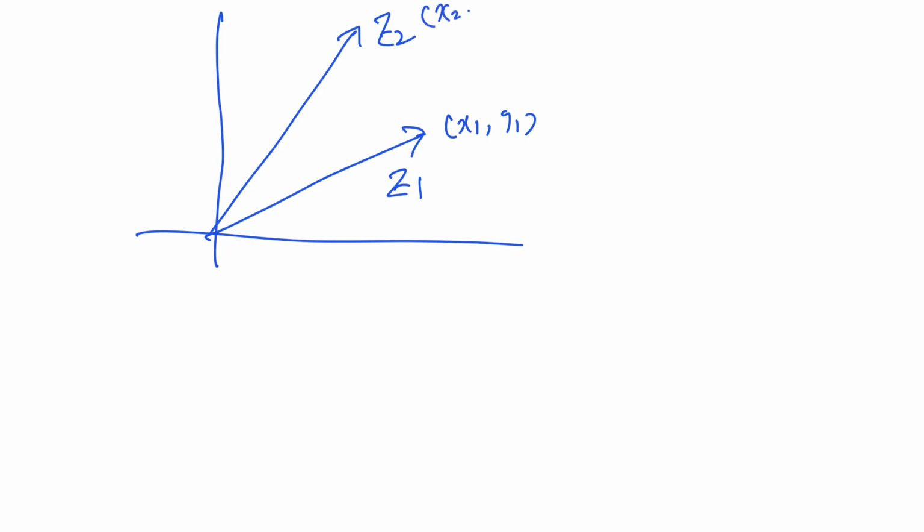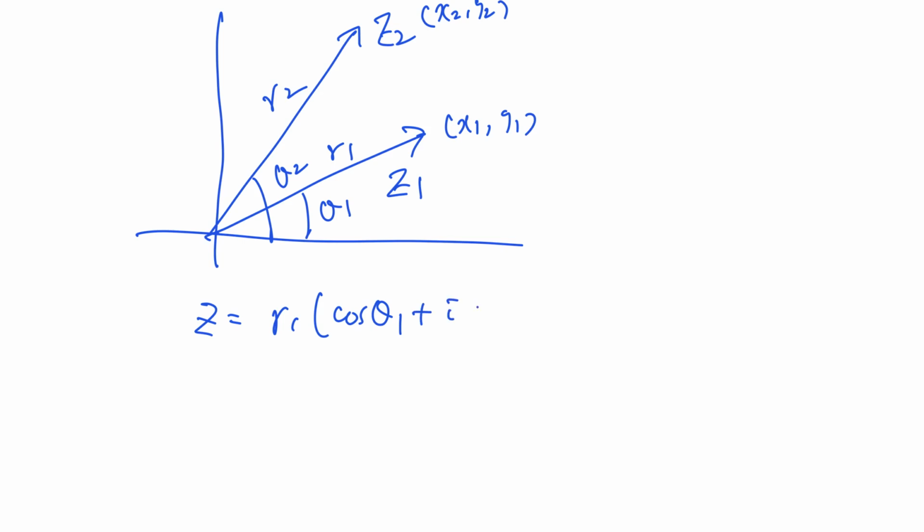So assuming that we have 2 points, z1 and z2, given by (x1, y1) and (x2, y2), or (r1, theta 1) and (r2, theta 2). So z1 is r1 (cosine theta 1 plus i sine theta 1), and z2 is r2 (cosine theta 2 plus i sine theta 2).